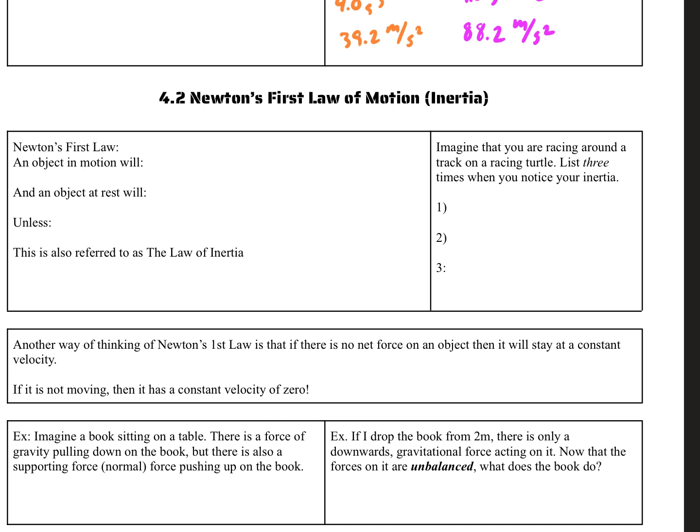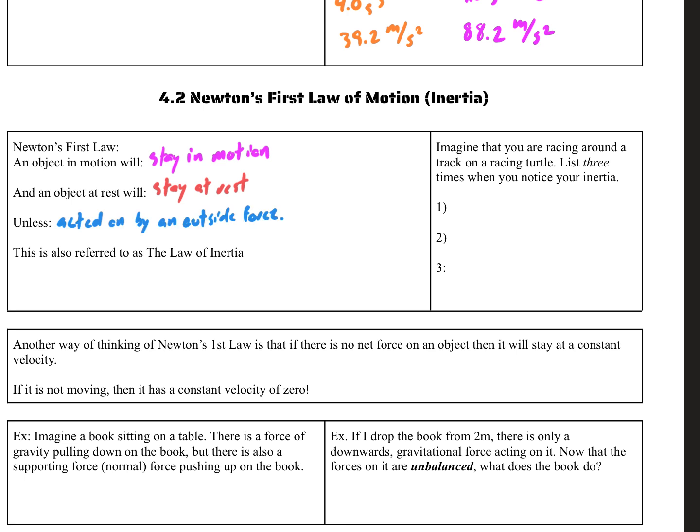An object in motion will stay in motion, and an object at rest will stay at rest unless acted on by an outside force. And I think we've all heard that before.